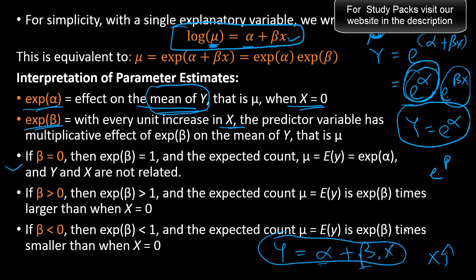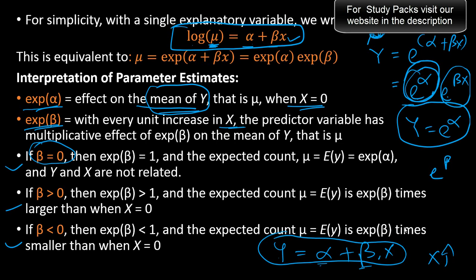There are a few more interpretations. I won't get into the details, but briefly, if beta equals 0, then exponential of beta is 1, right? So the expected count of y and x are not related. That means every time you have a beta of 0, the model itself is of no use, because the explanatory variables and your dependent or target variable are not related at all. So there's no point in going ahead with the model.